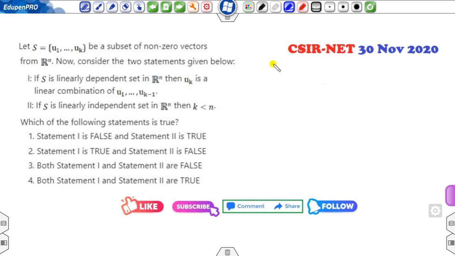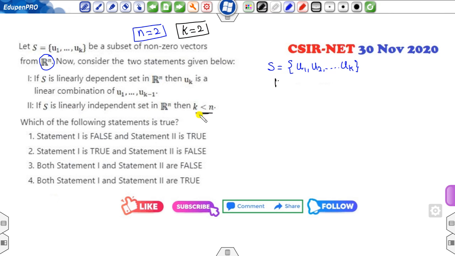S is the set u1, u2 up to uk, non-zero vectors of R^n. Firstly, I can choose n as 2. Consider the two statements given below. S is linearly independent in R^n when k is less than n. I can firstly choose k as 2.